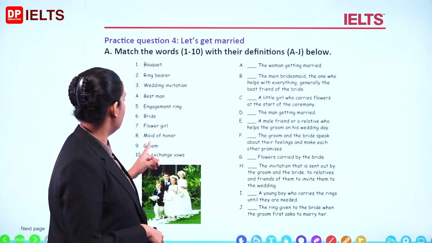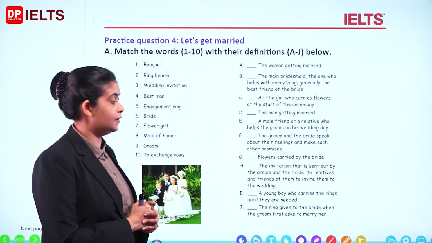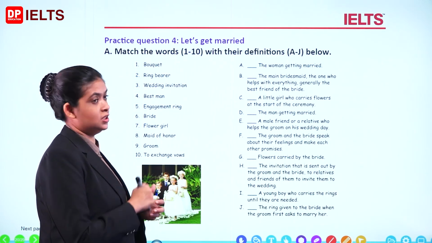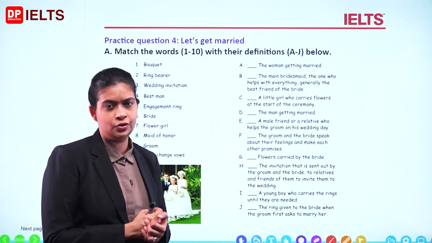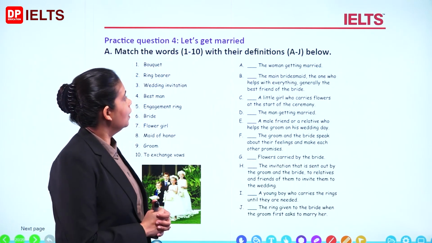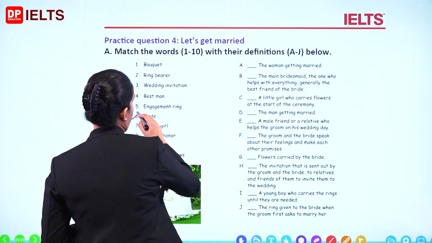Right? Maid of honor, the person who gives the toast at your wedding. Okay? Groom manamalaya, to exchange vows. Vows huwamaru karana eka. Right? So usually done in most Christian weddings. Right? The woman getting married is called a bride. 6.